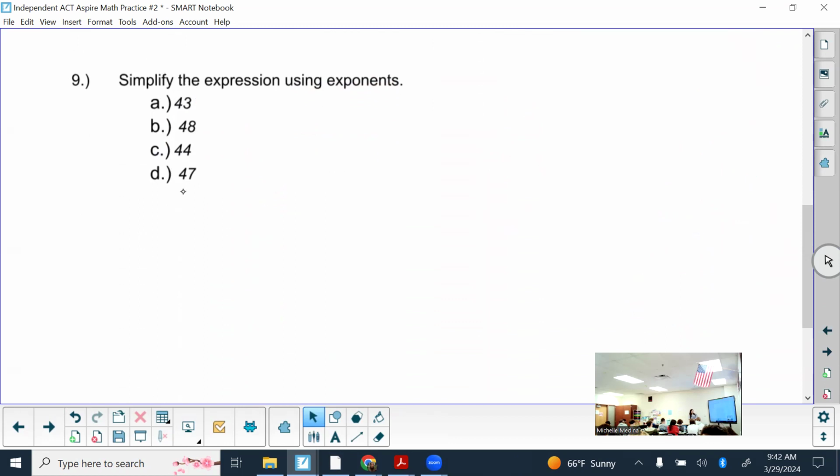So the way to do that would be to break down each number that it's asking about into its prime factors. So I'm going to make a factor tree. What are two numbers that multiply to 43? Or is 43 already prime?